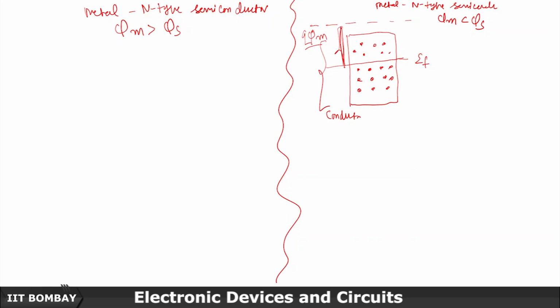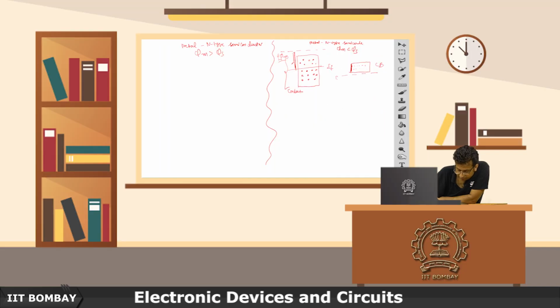Now if I do the same for an N-type semiconductor, and since phi m is smaller than phi s, so let's say this is the conduction band and my Fermi energy level is closer to the conduction band, and this is my valence band.